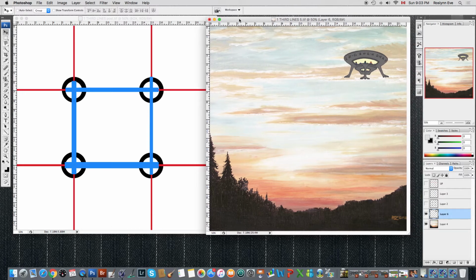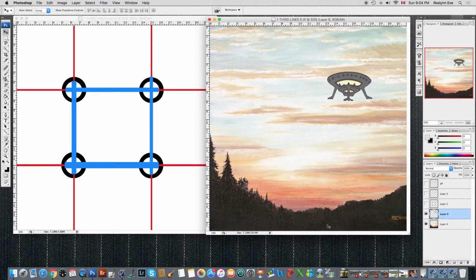We'll just move that over a little bit. You see what I'm saying? It loses a lot of its ingredient as an area of interest just by moving it, and look at how boring it is when we put it in the middle. So the placement is very important in the image.